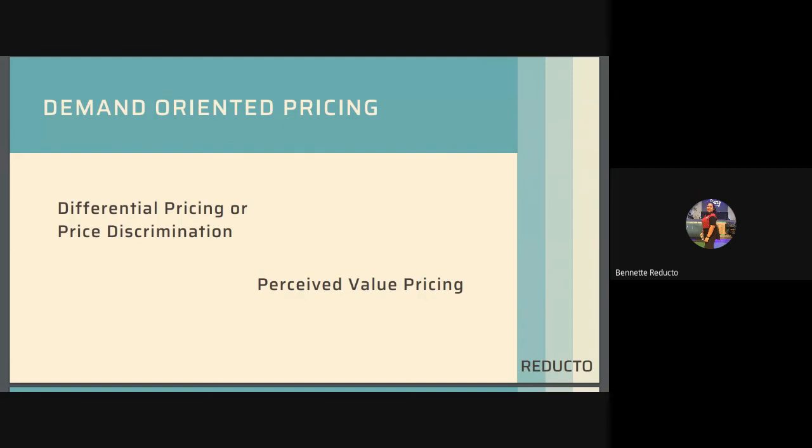The second demand-oriented pricing is perceived value pricing. When we say perceived value pricing, it refers to fixing the price on the basis of a buyer's perception of the value of that product. Next slide, please.